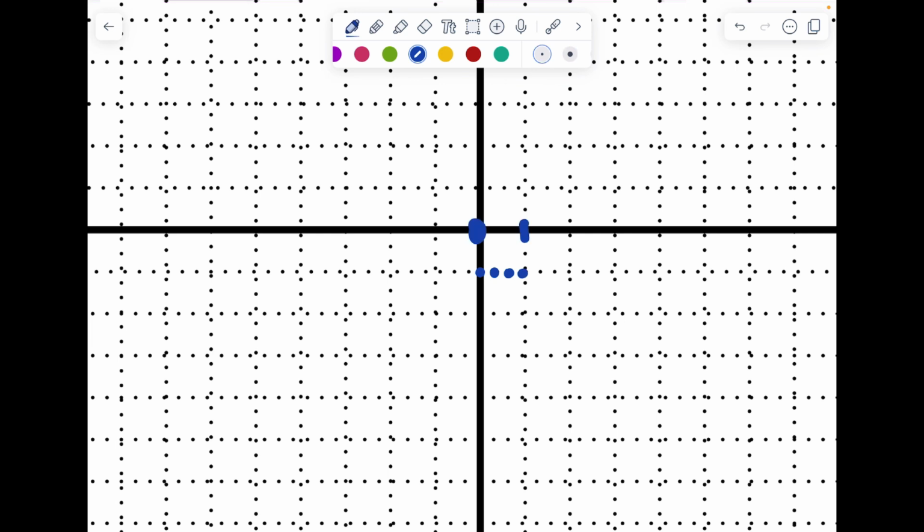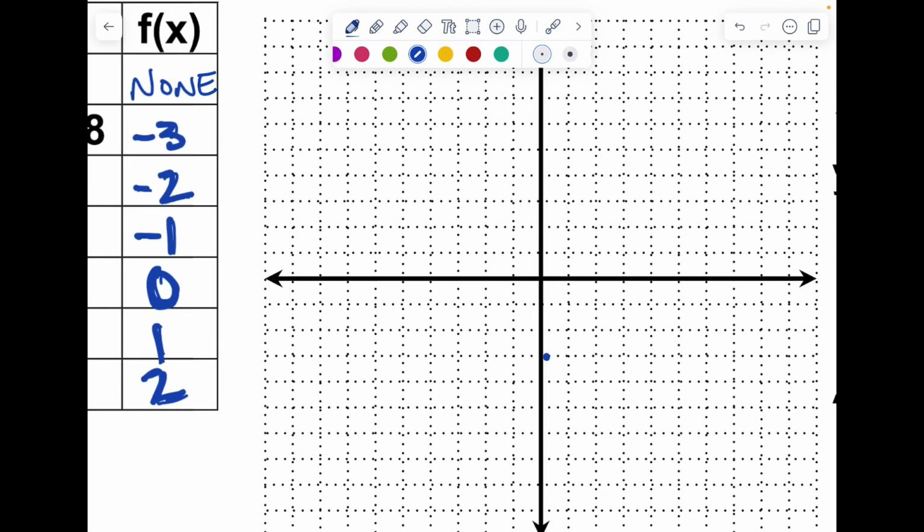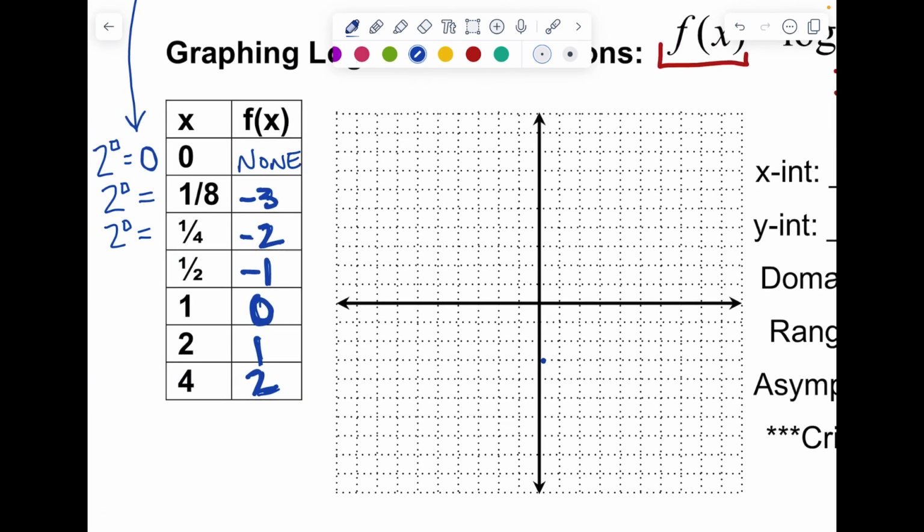So we would go between these dots to get 1/8. So 1/8 gave me an output of -3. So this is a point on my graph already super close to that y-axis. I put in 1/4, I get out a -2.